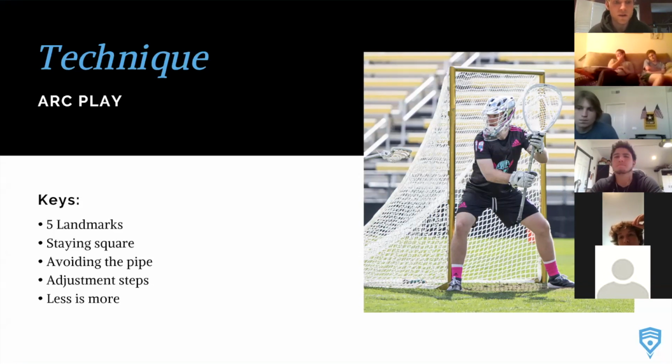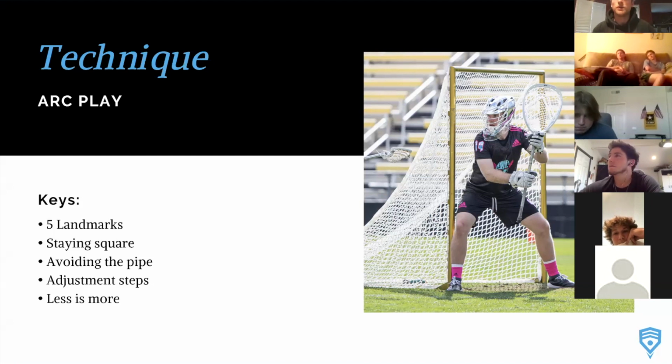One of the biggest ones that I've noticed is the third one here, and that's avoiding the pipe. All right, a lot of goalies, and myself included at times, like to use the pipe as a safety net. It happens a lot when we have dodgers in the top corners going down the alley, or shots from that mid-high wing area. A lot of goalies tend to just hop to the pipe.